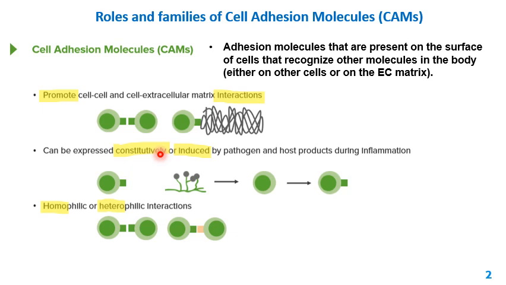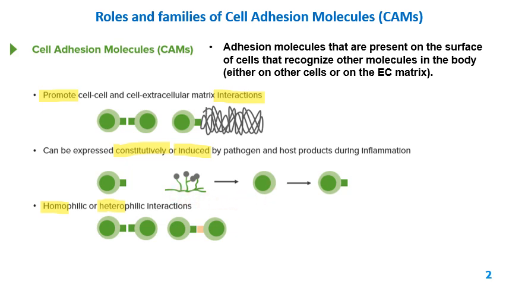Now, how are these molecules produced? Some of these molecules are always produced from within the cell, so you can call those constitutively expressed, and then some other molecules are induced, and that is very much the case with immune cells.